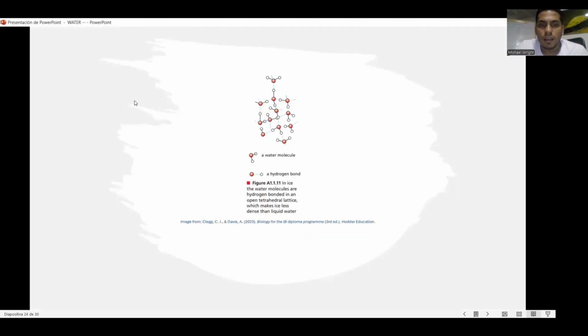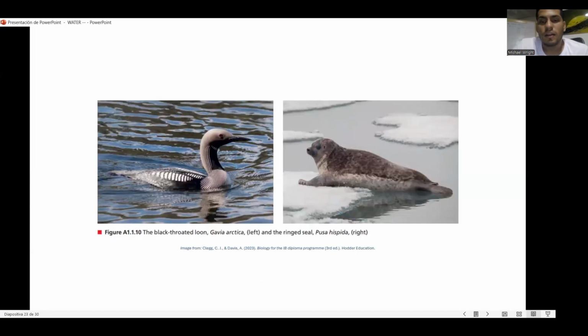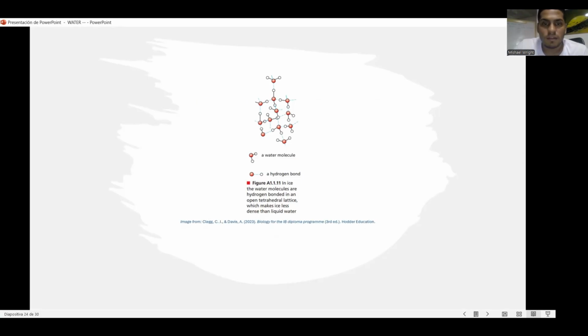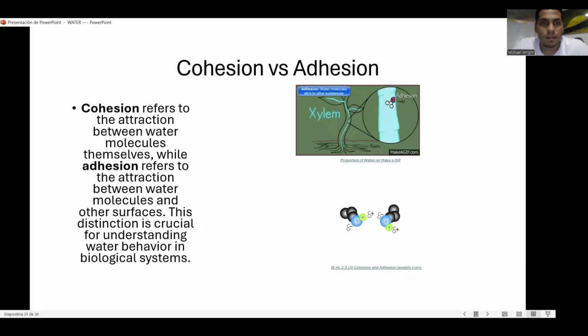In ice, for example, the water molecules are hydrogen bonded, as you can observe here in the Pusa hispida's case, in an open tetrahedral lattice, which makes ice less dense than liquid water. In fact, there is an experiment to measure the water volume when the water is in solid state, I mean in ice.